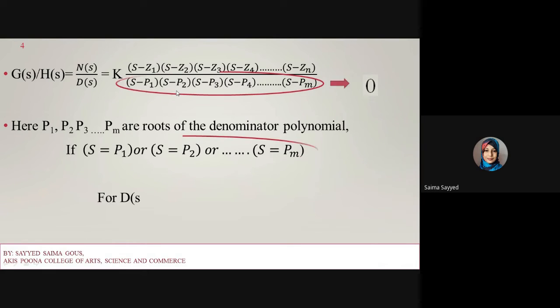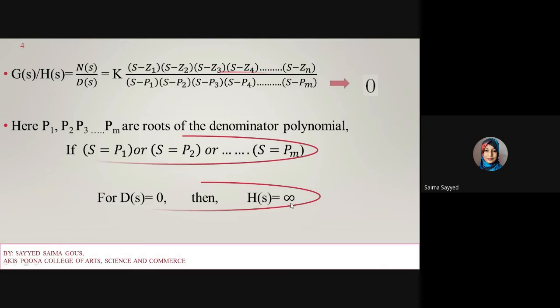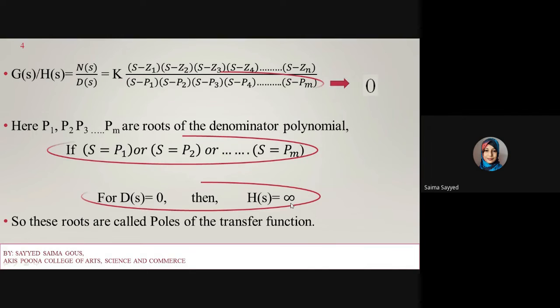So for denominator equal to 0, h of s becomes infinite, because anything divided by 0 becomes infinite. So when the denominator is 0, h of s becomes infinity, and these roots are called the poles of the transfer function.